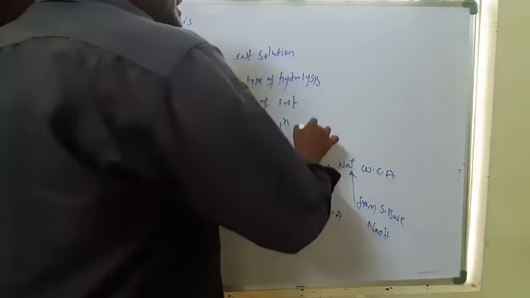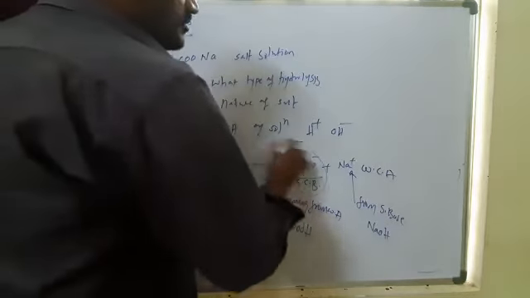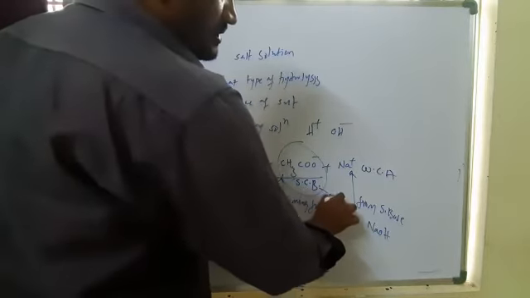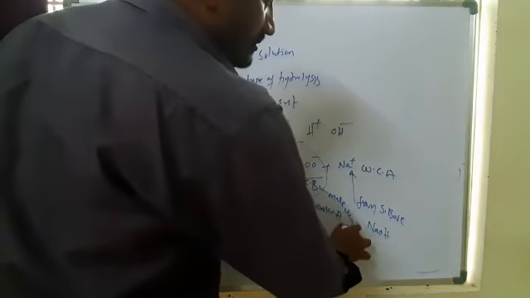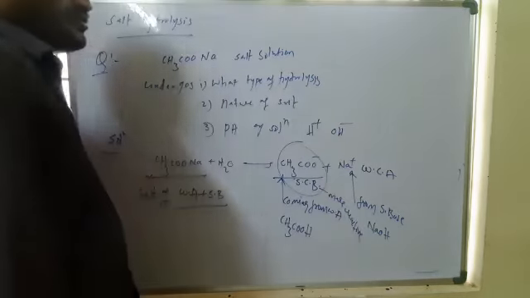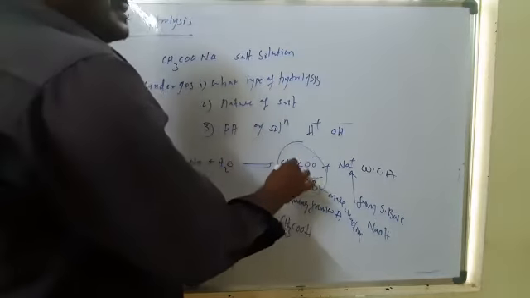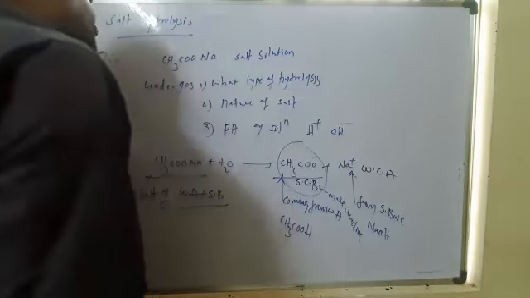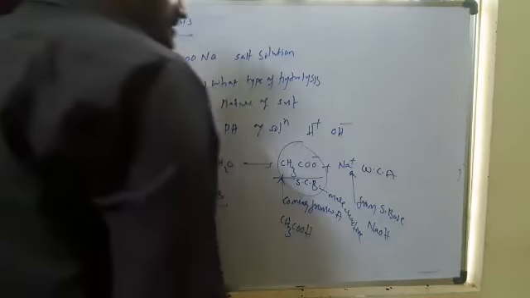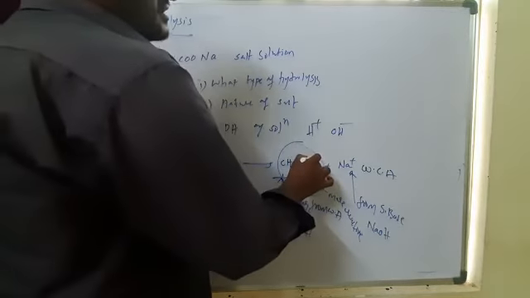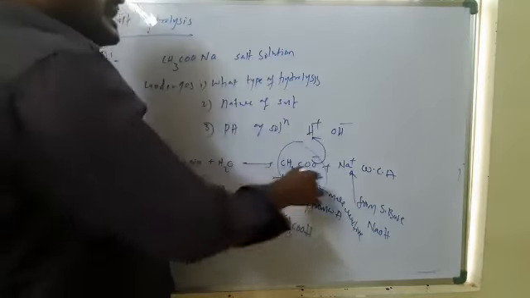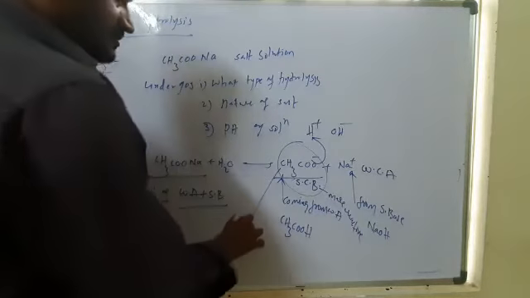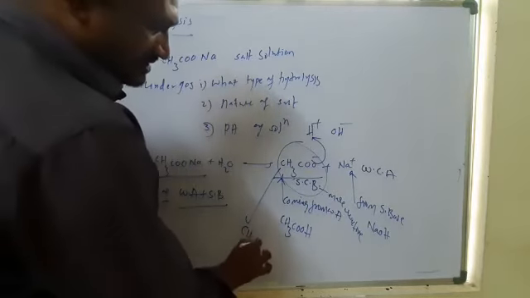In water, H plus and OH minus ions are there. The acetate ion, being negatively charged, is more reactive and will react with the H plus ion from water, forming undissociated acetic acid.